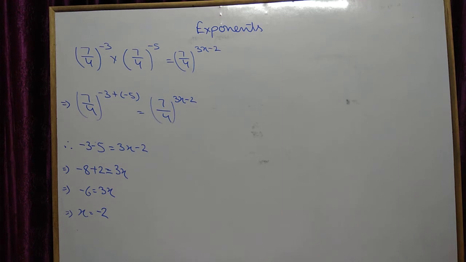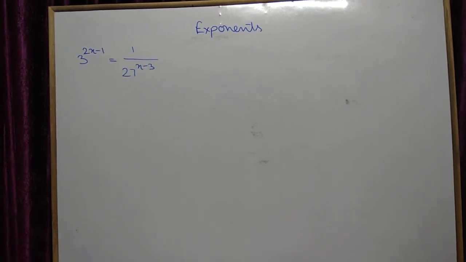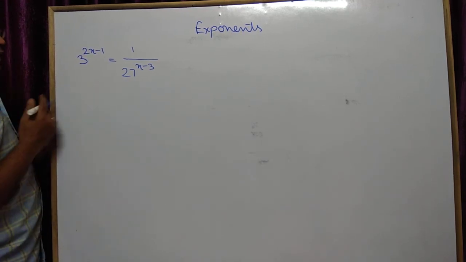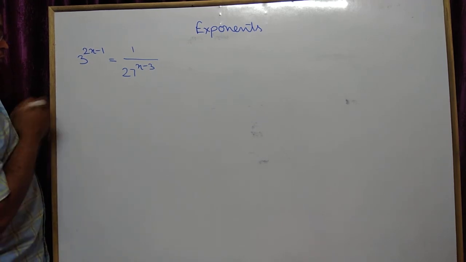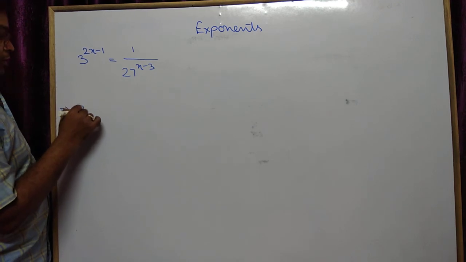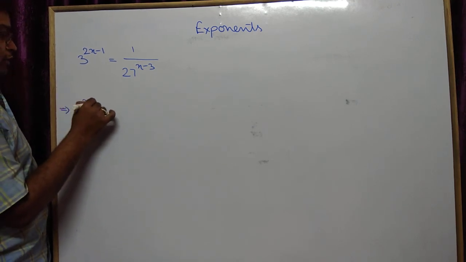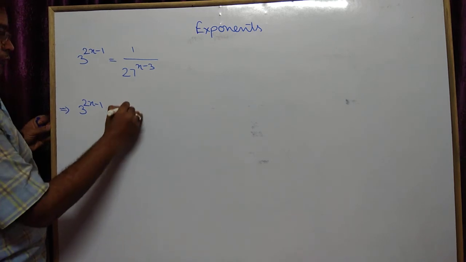Move to the next question. Again, in this question we have to find the value of x, but here the bases are not the same. What I told you is that we have to make the base the same. So in this case, 3 to the power 2x minus 1, as the same, equals 1.